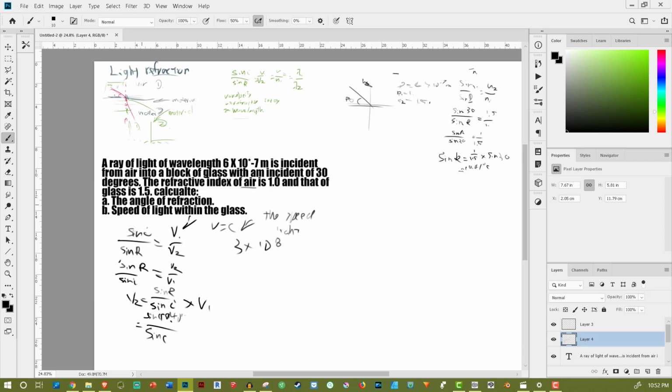Times the velocity of 1, which is equal to 3 times 10 to the 8.